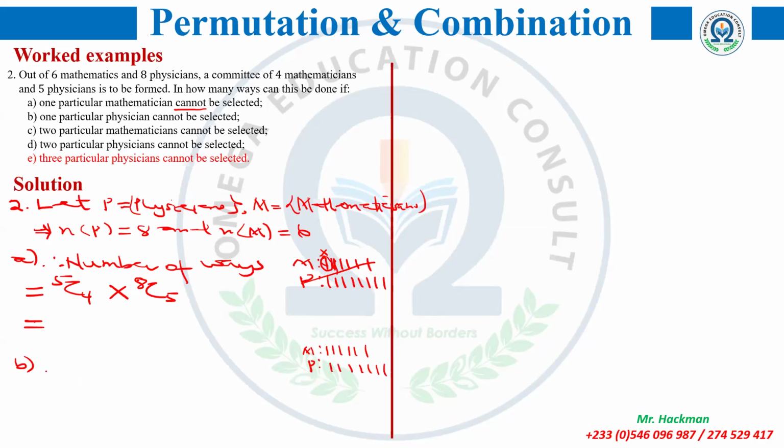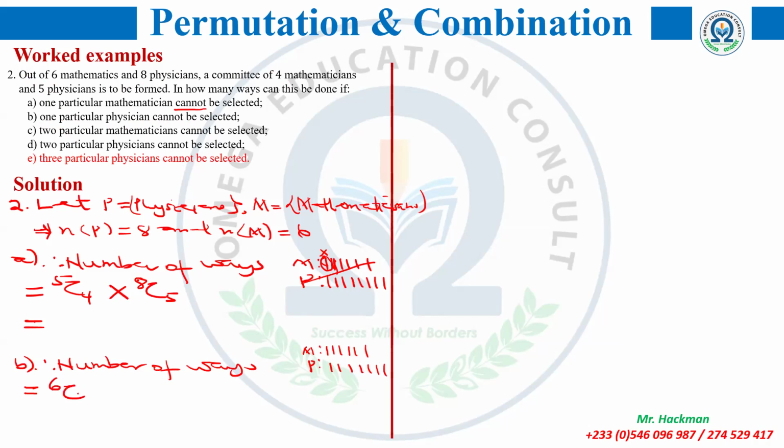So now what do I have there for number of ways? Will be equal to. With this one, let's see. The restriction is on physicians, is that not it, but not mathematicians. So mathematicians will be intact. So I will still have 4 to select from 6. So that will give us 6 combination 4.